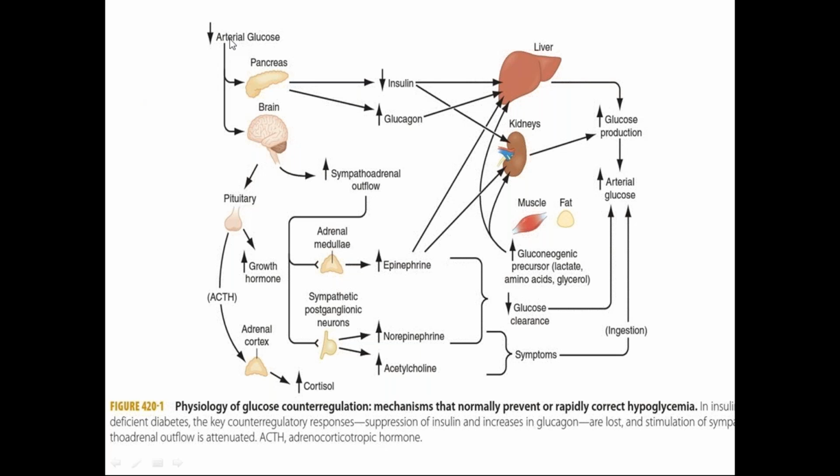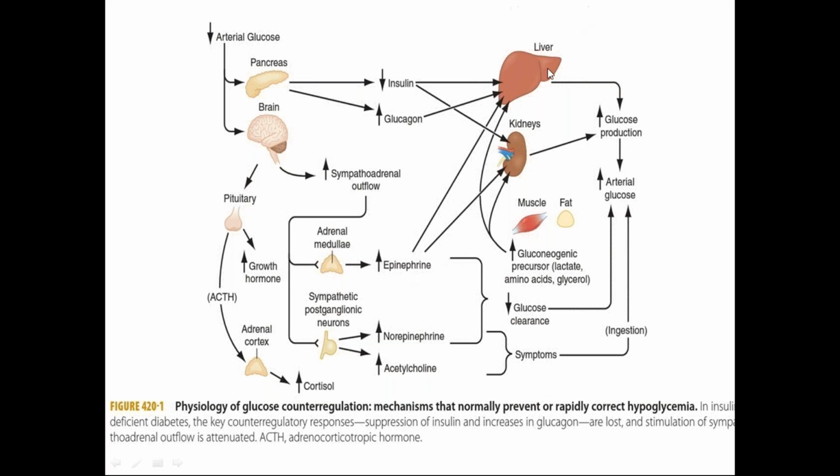With the decreased arterial glucose, there will also be stimulation of the brain, which will stimulate the pituitary and cause increased sympathoadrenal outflow. So when there is increased sympathetic outflow, it will stimulate the adrenal medulla, which is the site of production of epinephrine. So increased epinephrine will be present.